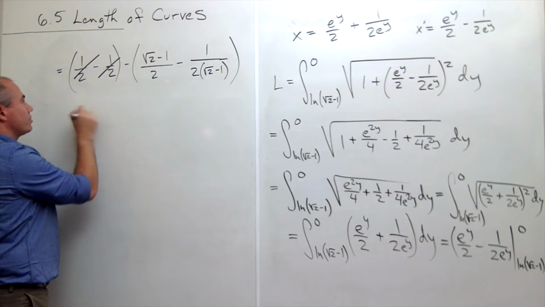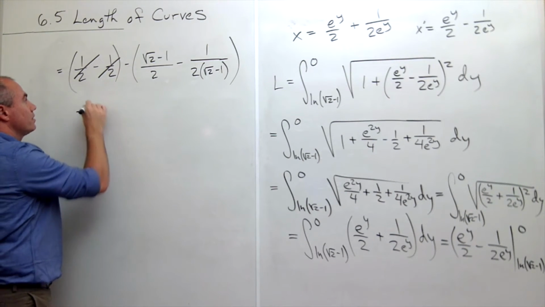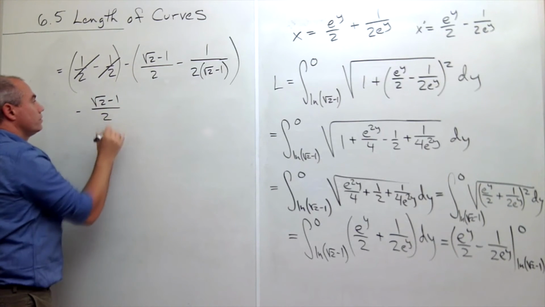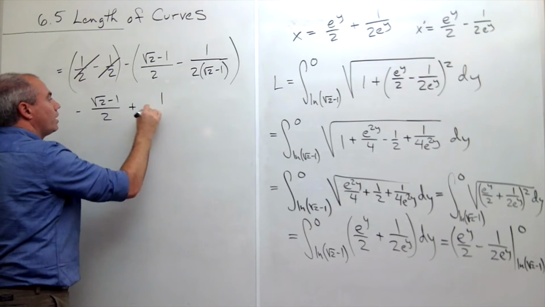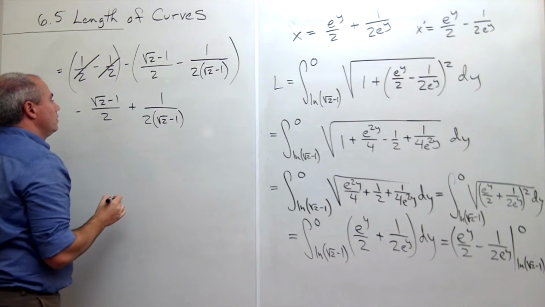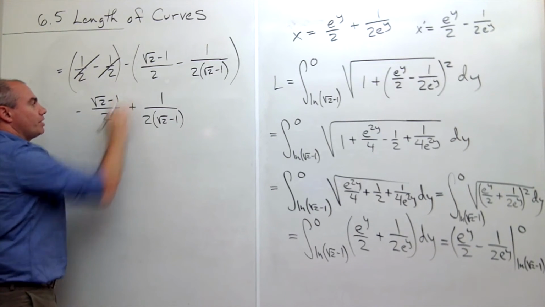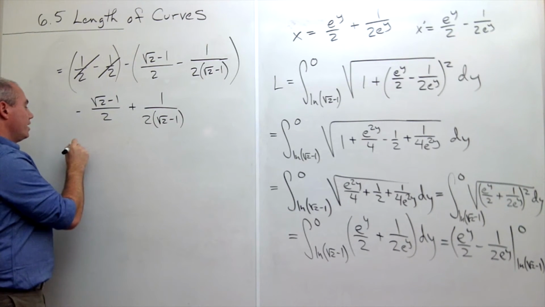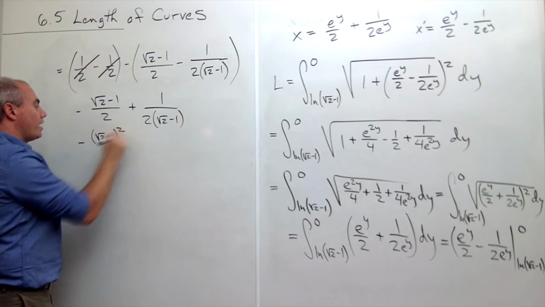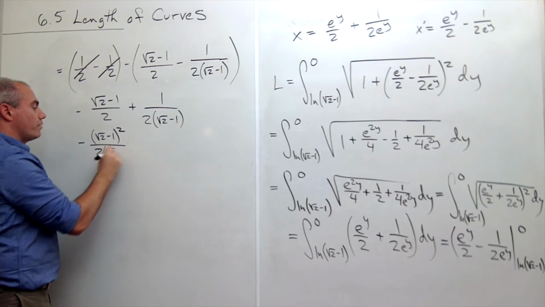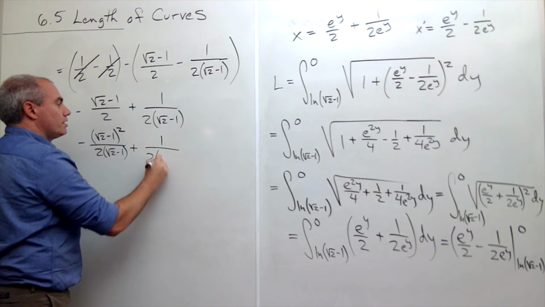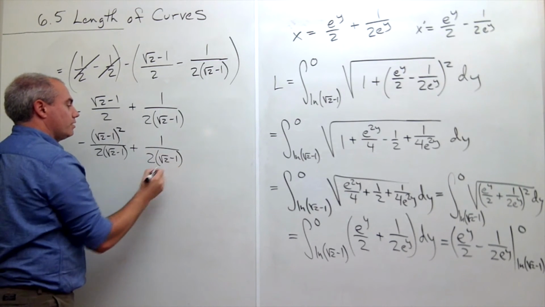So if I distribute the negative, I get minus square root of 2 minus 1 over 2 plus 1 over 2 times square root of 2 minus 1. I'm going to multiply top and bottom here by square root of 2 minus 1. If I do, I get minus square root of 2 minus 1 squared over 2 times square root 2 minus 1 plus 1 over 2 square root 2 minus 1.